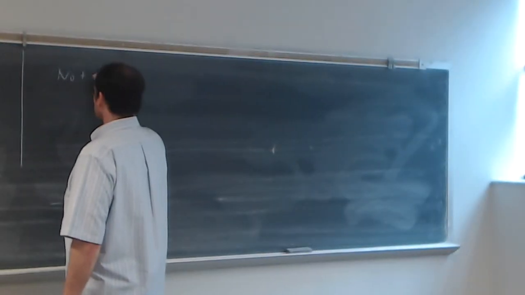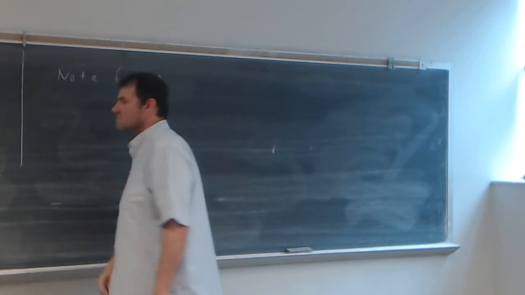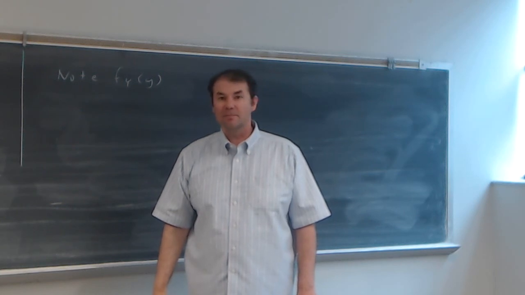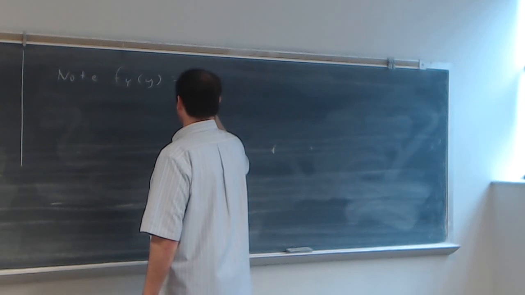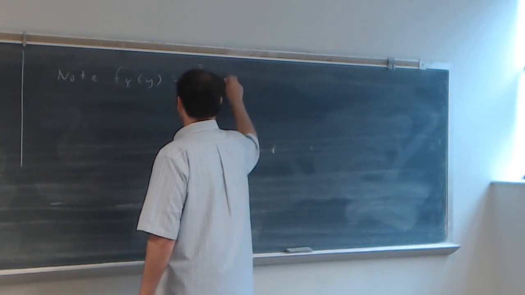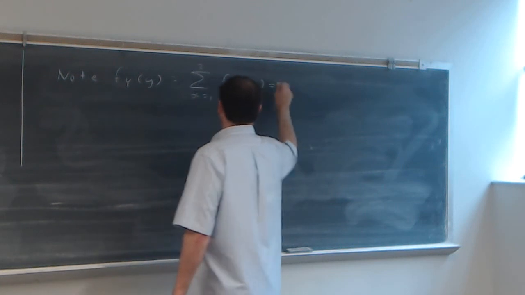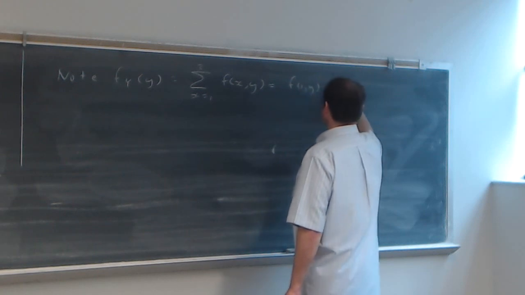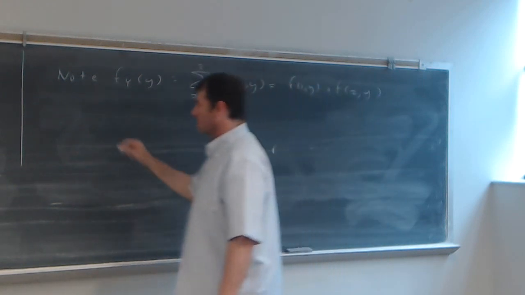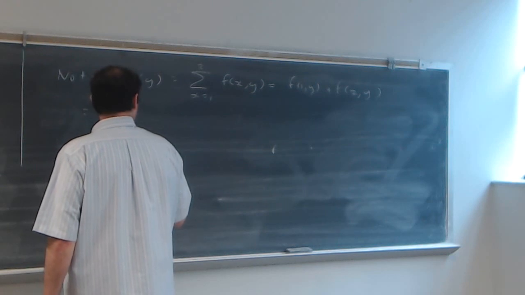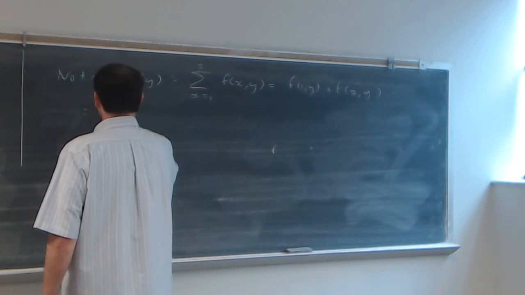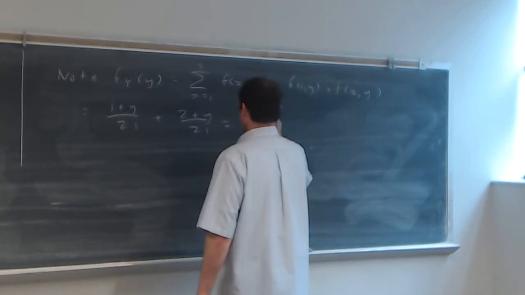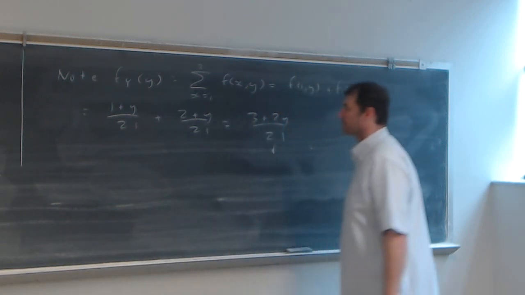So note f sub y of y is, as I said, the PMF of Y. The way that we get it from the joint PMF is the sum over all x values, which are from 1 to 2, of f of x comma y. That would be equal to f of 1 comma y plus f of 2 comma y. So what is that? Well, f of 1 comma y is 1 plus y over 21, plus 2 plus y over 21. So I'm going to get 3 plus 2y over 21.